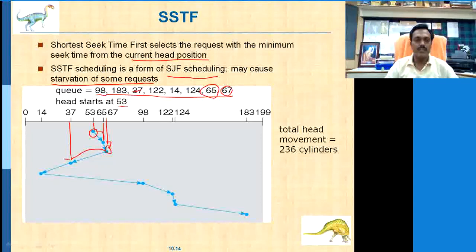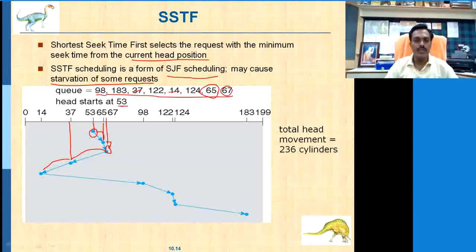That is 14. So 14 is accessed. Now from 14, search for the nearest cylinder out of the remaining cylinders. Remaining cylinders are 98, 183, 122 and 124.